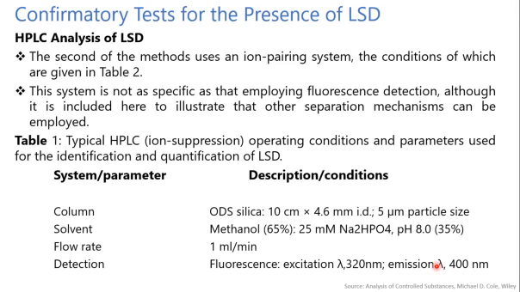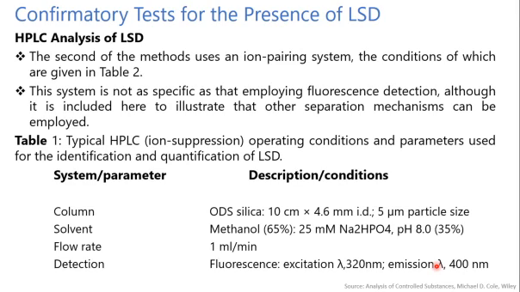The parameters: first one is the column. An ODS, octadecyl silica column having 10 centimeter length, 4.6 mm ID and 5 micron particle size. This is the specification for the column.